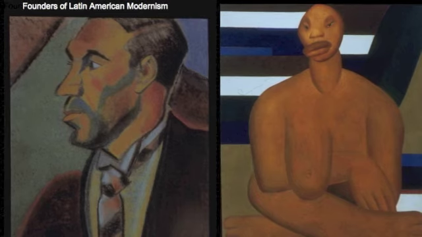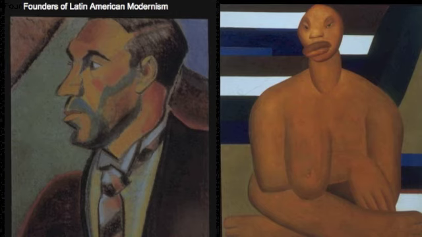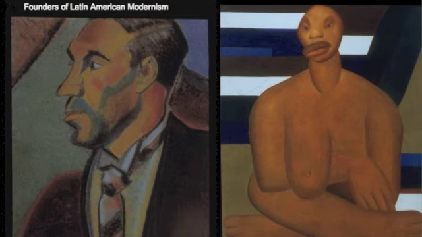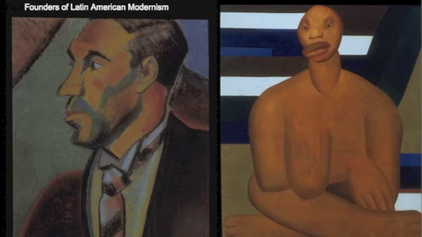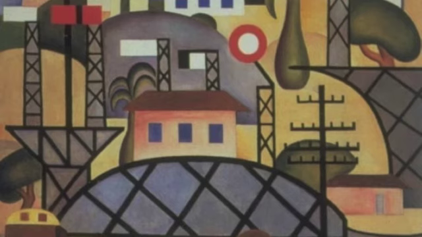And so Tarsila really is in some ways a richer embodiment, or a more profound embodiment of modernism, in that she is wrestling with the identity of Brazil and its culture at the same time that she is bringing modernist practices to the center of Brazilian avant-garde art.